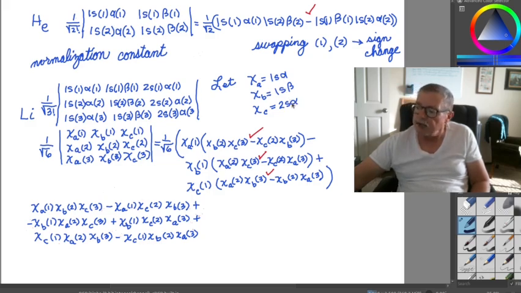Each one is unique because even though these are both 1s, they have a different alpha value. So I've filled this thing out with the 1 in parentheses for the first electron, here's the second electron, here's the third electron.